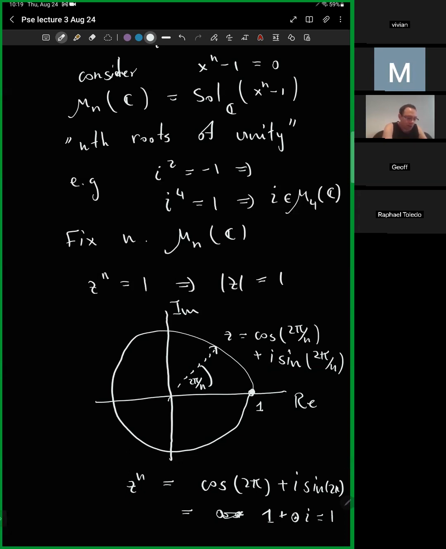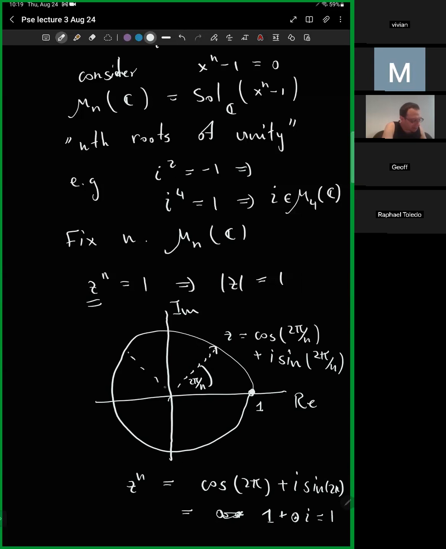So this is always a solution to this equation. This is an nth root of unity.